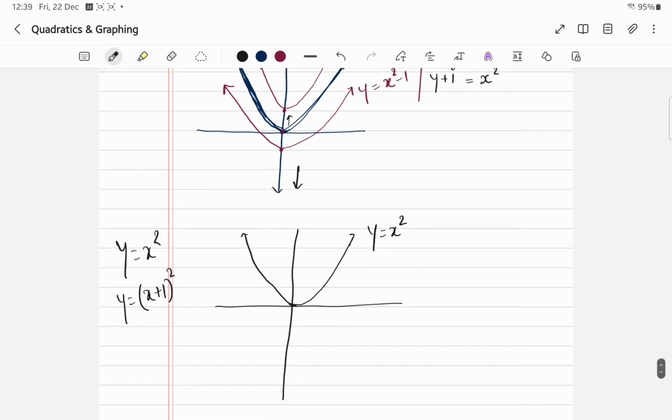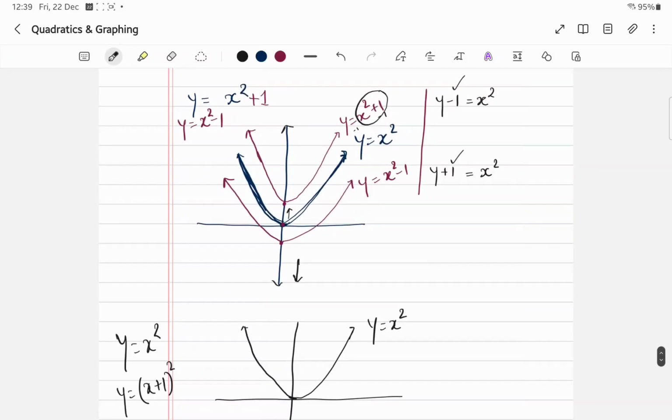That's why I was explaining the y-axis one first. Y minus 1 means the y-axis is moving down, which means your curve, your function or your graph will have one step above.